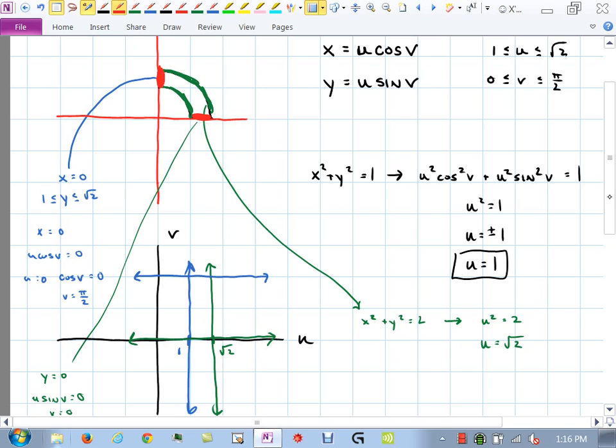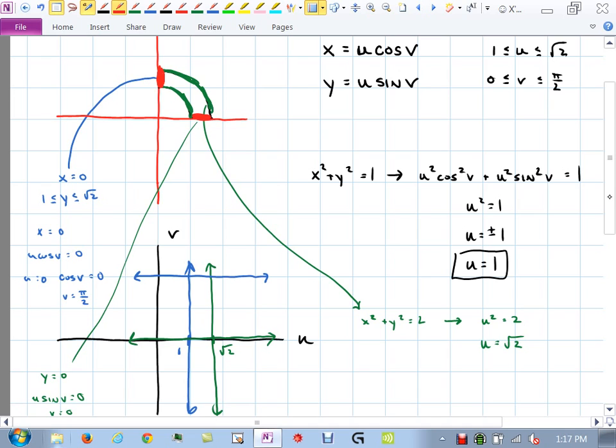And if you think about it, where's cosine 0? It's at pi over 2. So v must be pi over 2. So basically what we're saying is that little piece right there forces our v to be constant at pi over 2, which is why up here my v is constant at pi over 2. This line right here is the image of that left side up there.